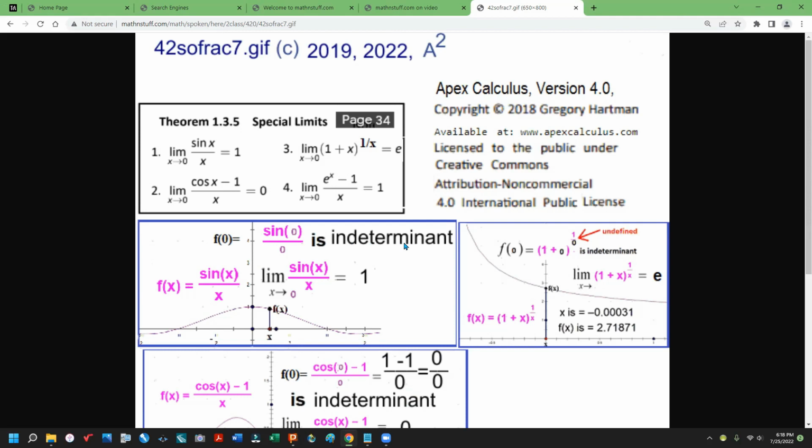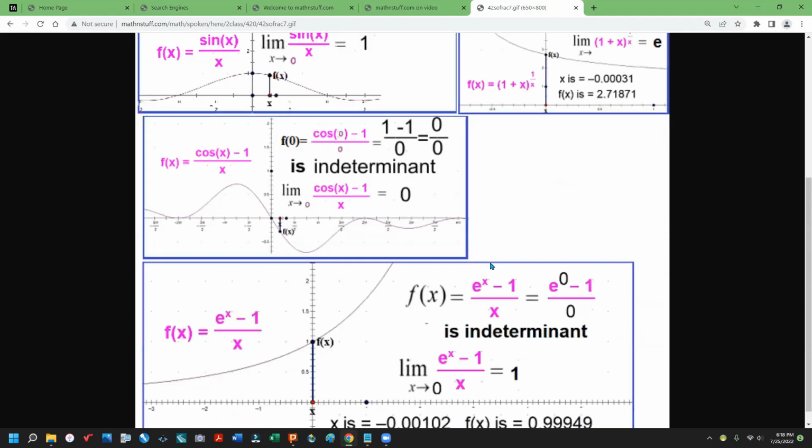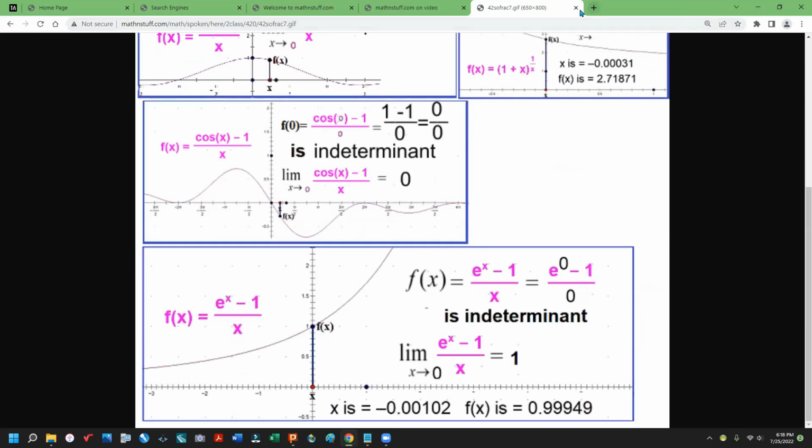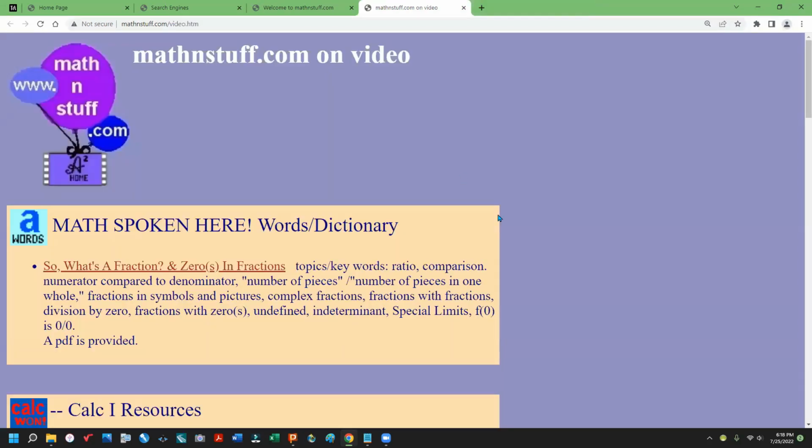That's indeterminate. The function is indeterminate, but the limit may be taken because you approach. Same with this function and that function and that function. And that's all we really had to talk about.